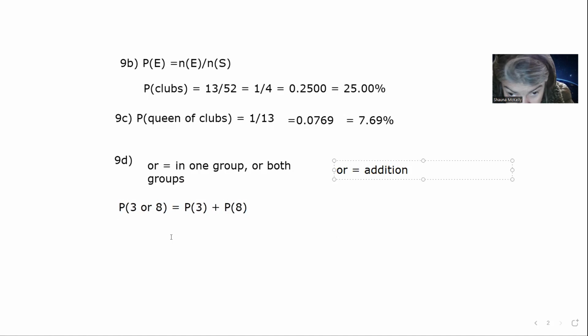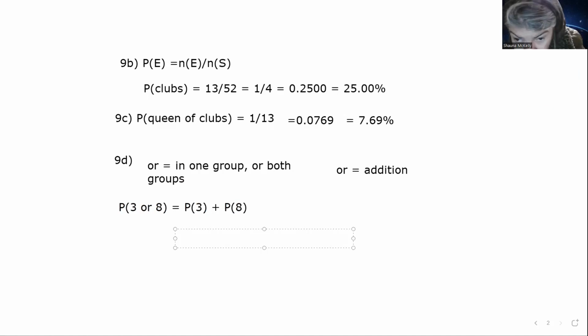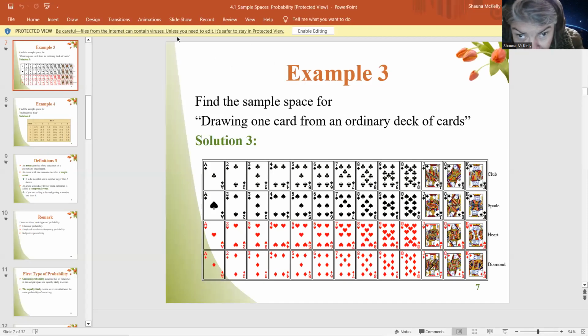So again, how many 3s? Let's think about this here. The probability of getting a 3. How many 3s are in the deck? So let's go look at our sample space. We want 3 or 8. So here we want 3. 1, 2, 3, 4.